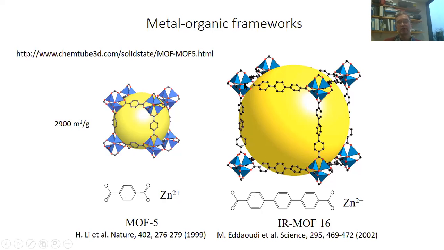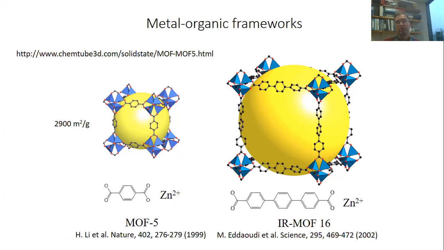But the structure that this resulting MOF makes is essentially the same as the structure of MOF5. It's just that now these clusters of zinc O4 tetrahedra are further apart, and the respective pore sizes are larger.